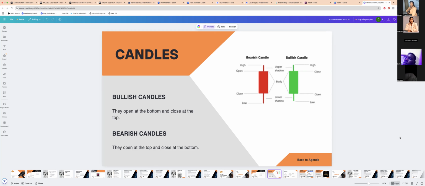It's that simple. Do you guys want me to take it again, or is it explanatory enough? The bullish candles open at the bottom and close at the top, which simply means the market opened at a low price and closed at a high price within that particular time frame.